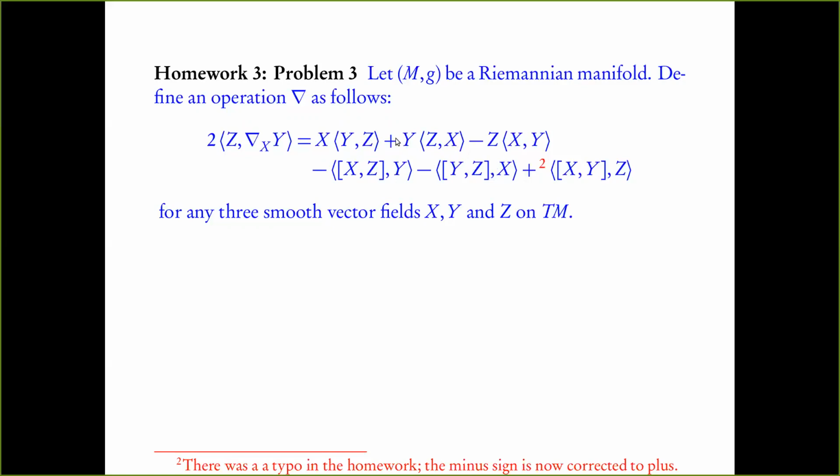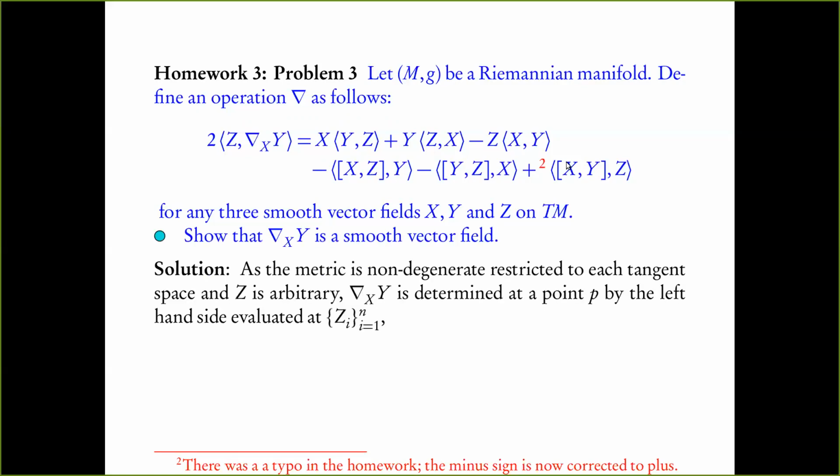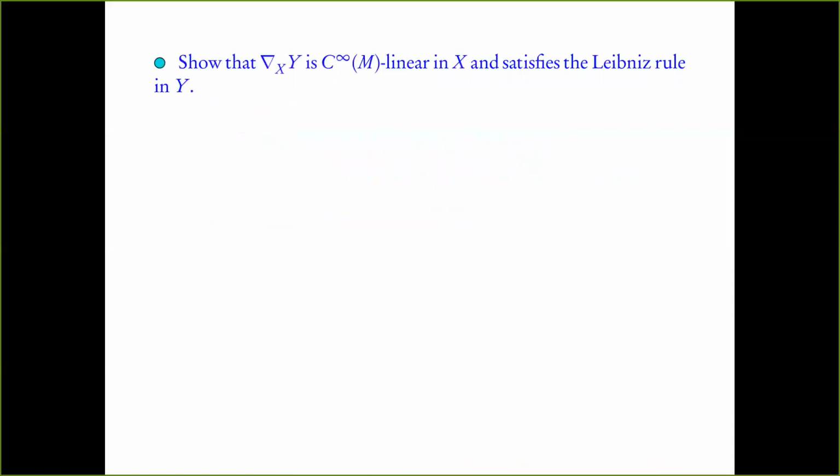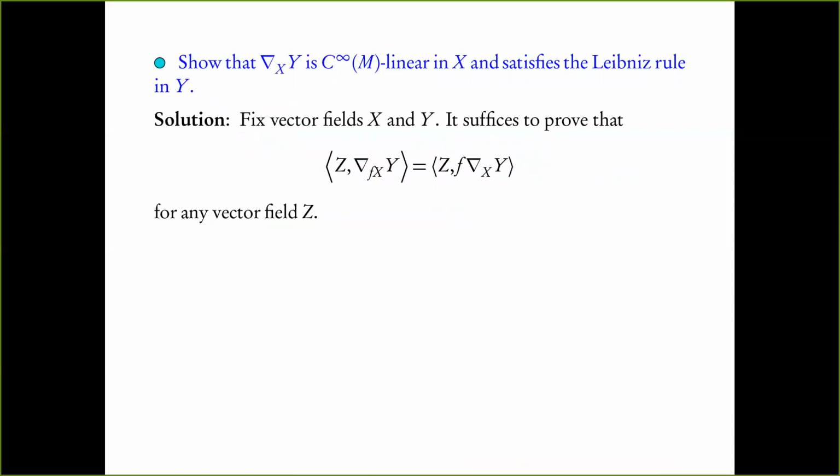So these two terms are nice for C infinity of M linearity in X. The other four terms are not so nice, so let's see what's going on. Okay, that's what we started off with. These two terms are clearly C infinity of M linear in X because the function f pulls out.